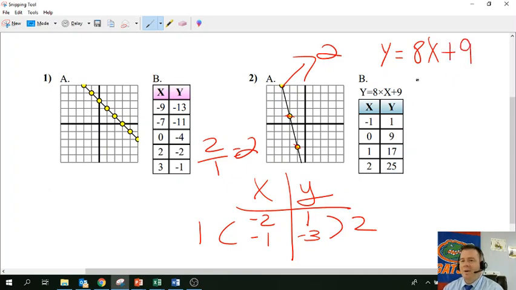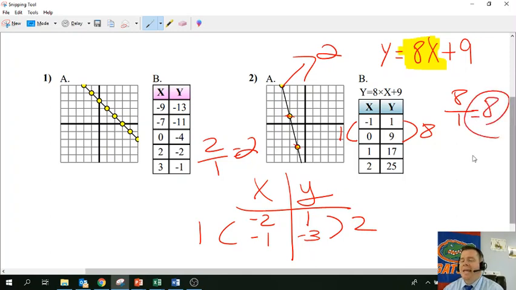We can already tell that the rate of change is going to be 8, because if we use the formula y equals mx plus b, we would see that 8. But we'll do what we started off with and compare. The rate of change between -1 and 0 is 1, and the rate of change on this and this, of course, is 8. Y over x, and the rate of change is 8.